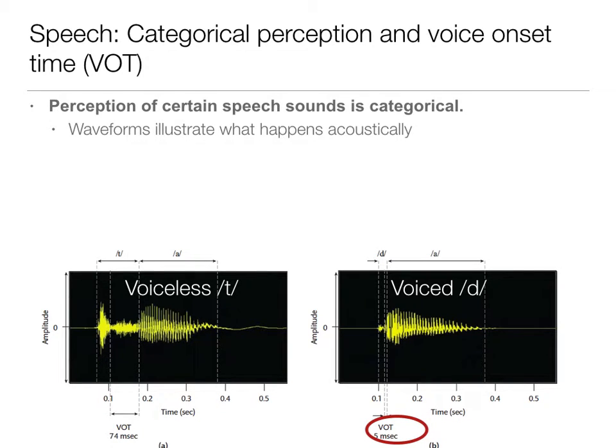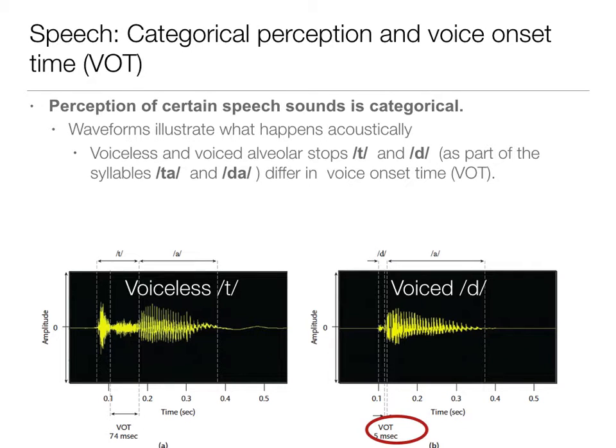These waveforms really illustrate what's happening acoustically. You can look at them and see that the beginning looks different. That is that voice onset time at the beginning. The part at the end that looks similar is the ah part in the da versus the ta. So it's really this difference between the voiceless T and the voiced D that differs.